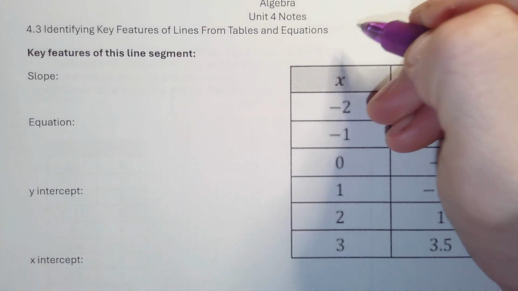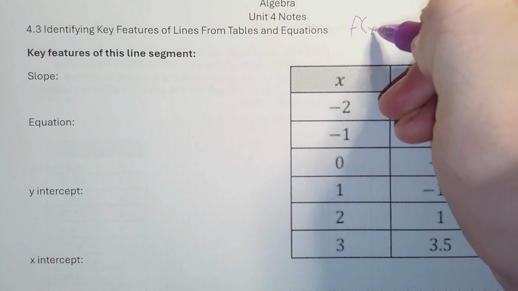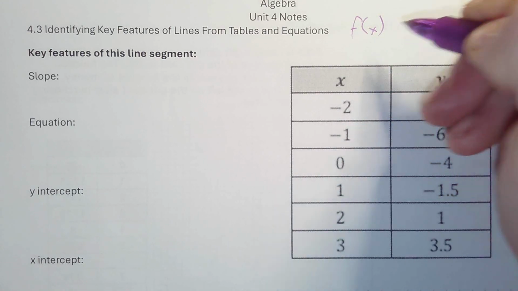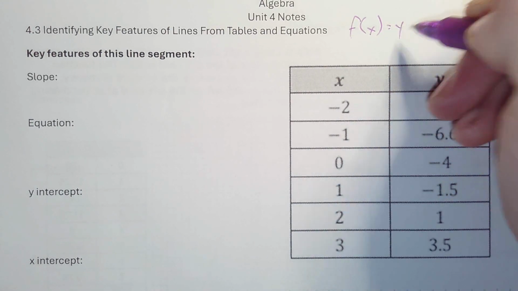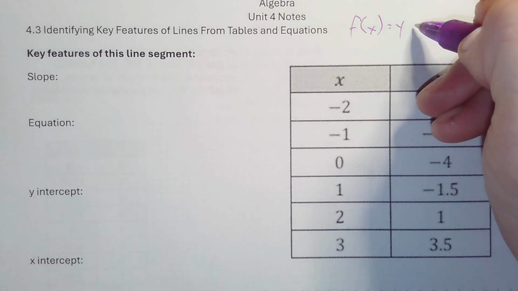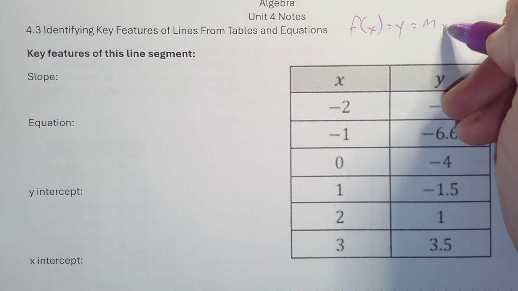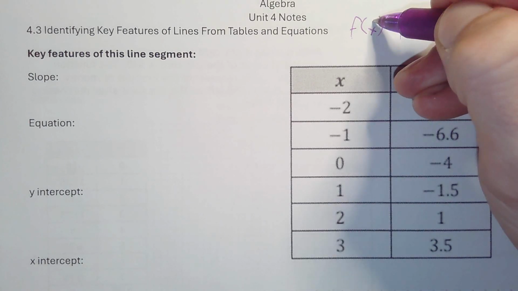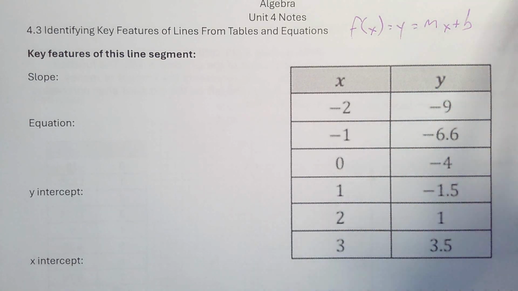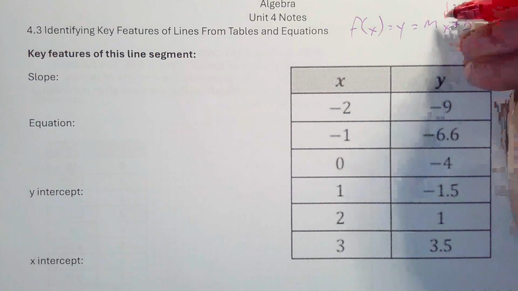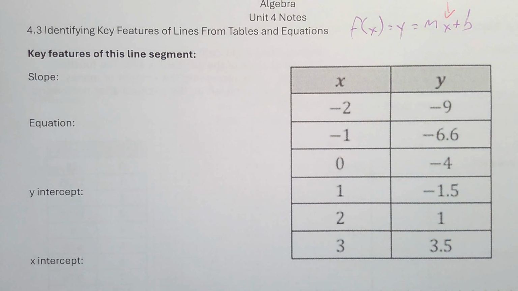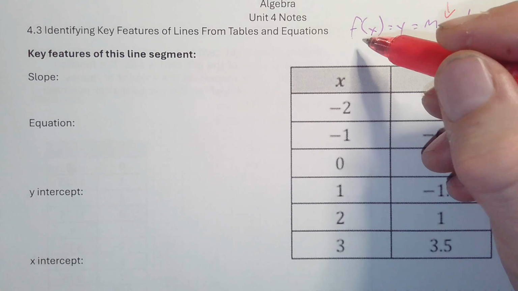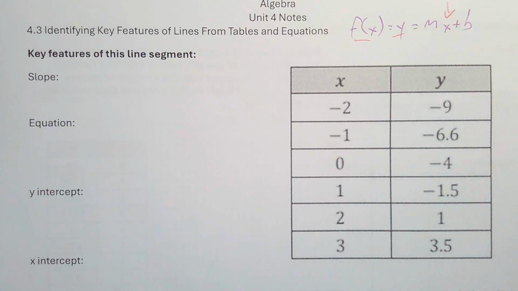And you guys know that f of x, the function of x, equals y, right? And equals mx plus b for a linear function. So meaning if you plug in a value of x, you get the y output, right? So this means f of x equals mx plus b. So f of x and y are synonymous.